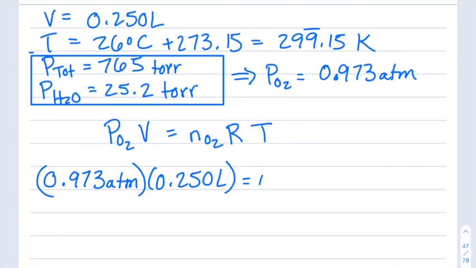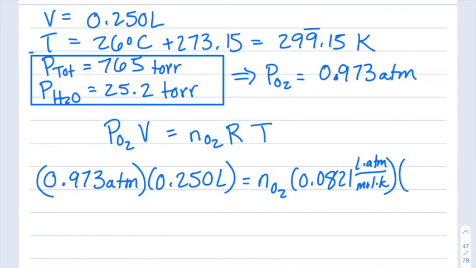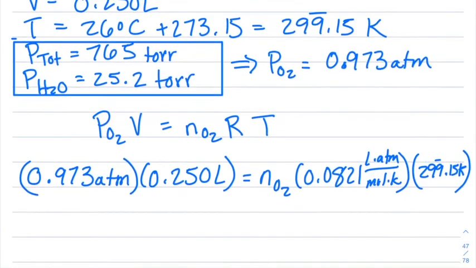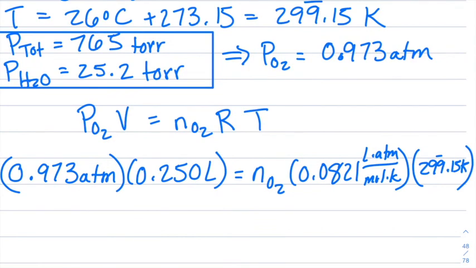And then our number of moles of O2 we don't know yet. R, 0.0821 liters times atm over moles times Kelvin. And finally, our temperature, 299.15 in Kelvin, like so. All right, any questions on how I set that one up?